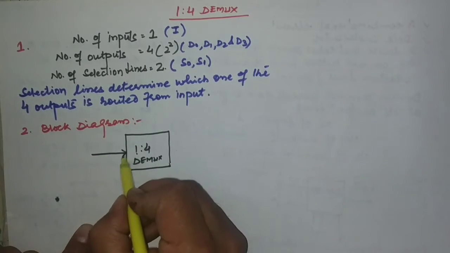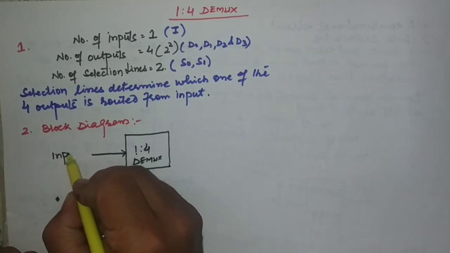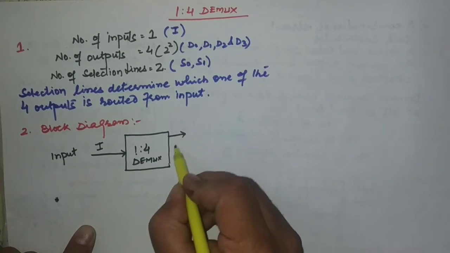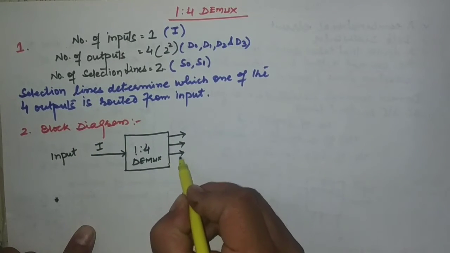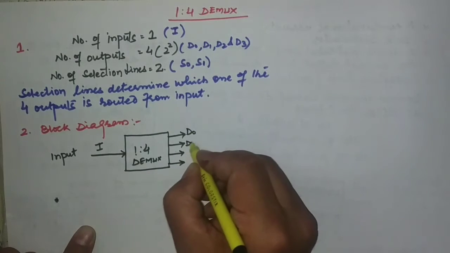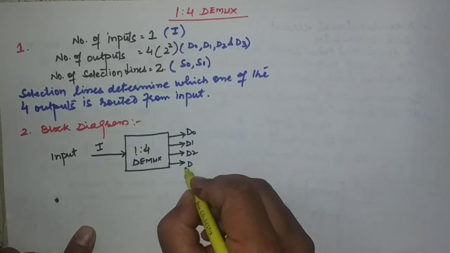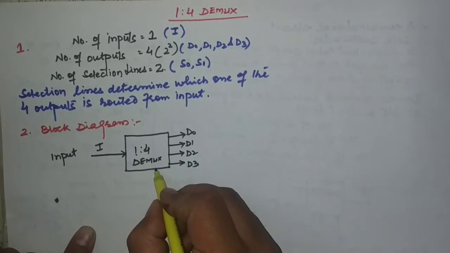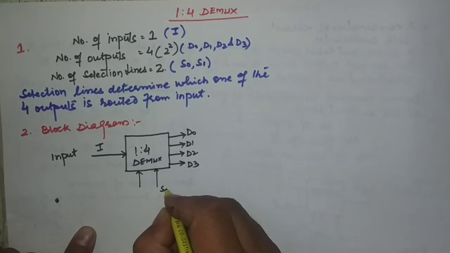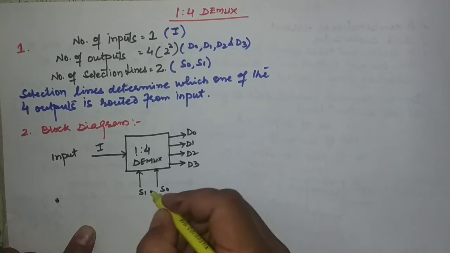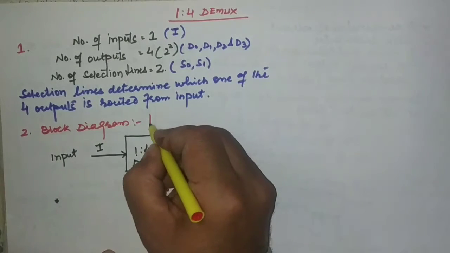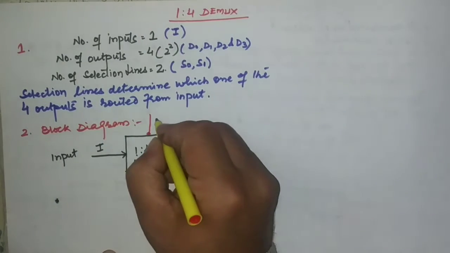This is one input line I, 4 outputs D0, D1, D2 and D3, obviously 2 selection lines S0 and S1, and we also have an active low enable.